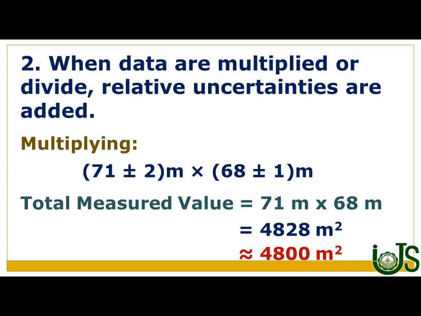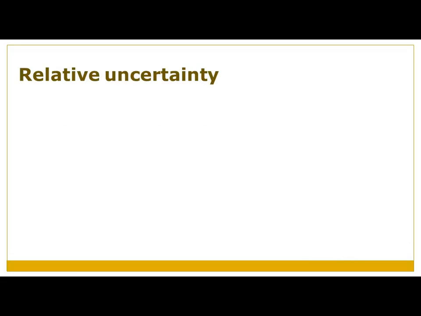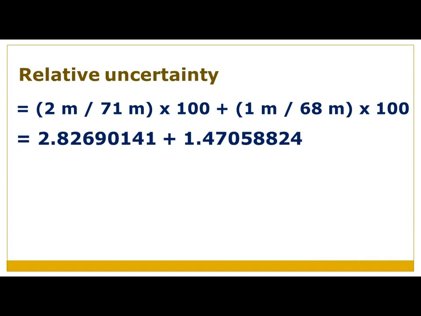Okay? Final answer lang yung approximation. Is it clear? Pero kung sa solving or sa processes or solutions, kailangan yung original na final answer yung ilalagay natin, which is the 4,828 meters squared.